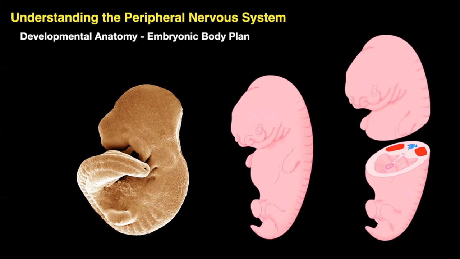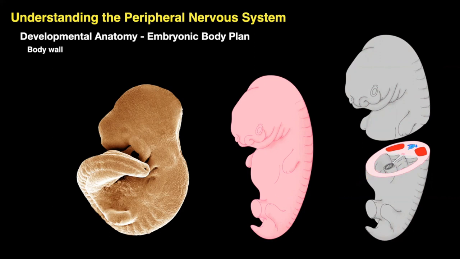Now, let's name some parts. I'm going to go over to this sectioned embryo first, and I want you to just see some real basic stuff. So let's begin with the body wall. The embryo has a body wall.